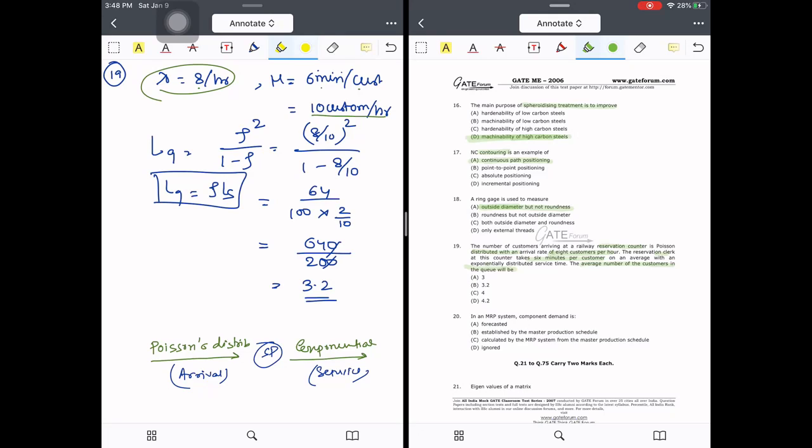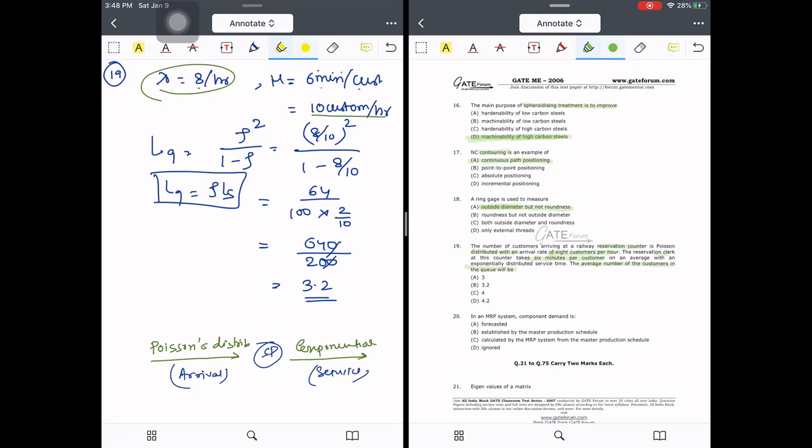So the average number of customers in the queue. Remember I described previously the difference between queue and system. Queue means the number of persons who are waiting but not being served yet.